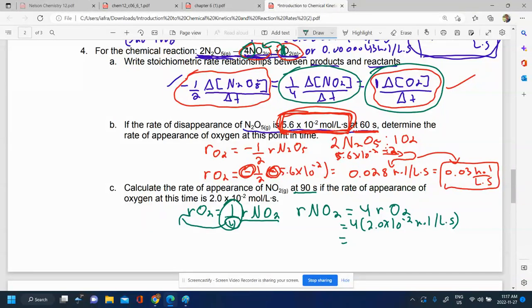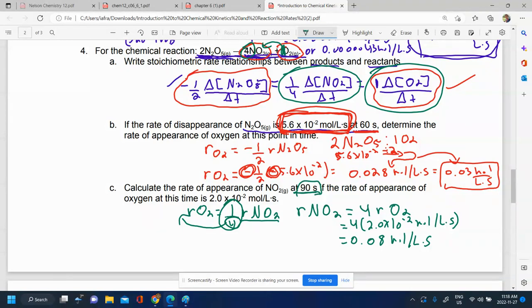So 2 times 10 to the power of negative 2 times 4 gives us 0.08 moles per liter second. And that makes sense, 1 sig fig there because of that 90 seconds there.